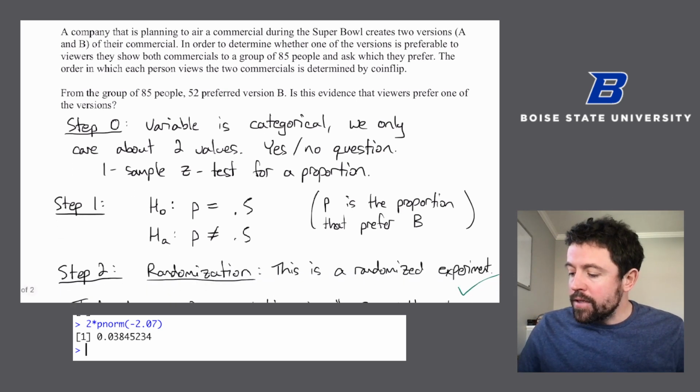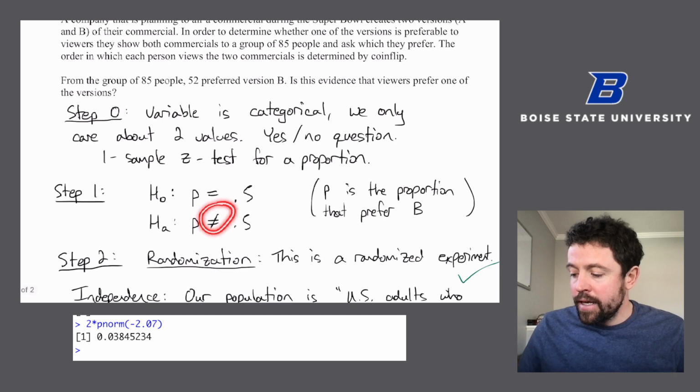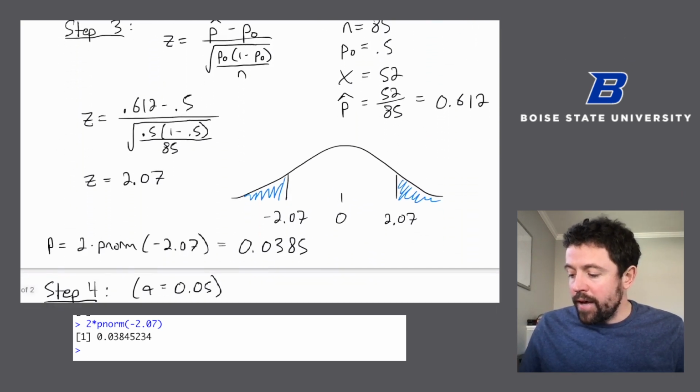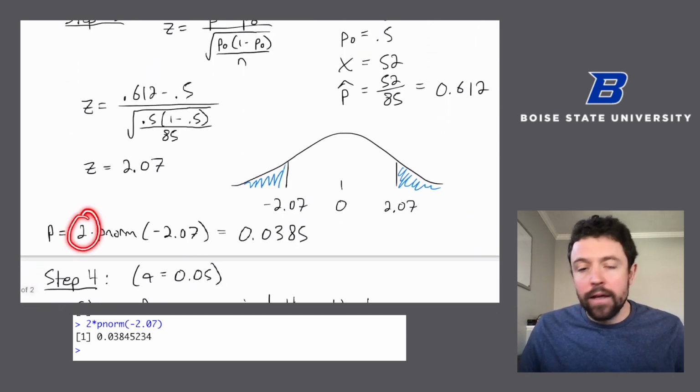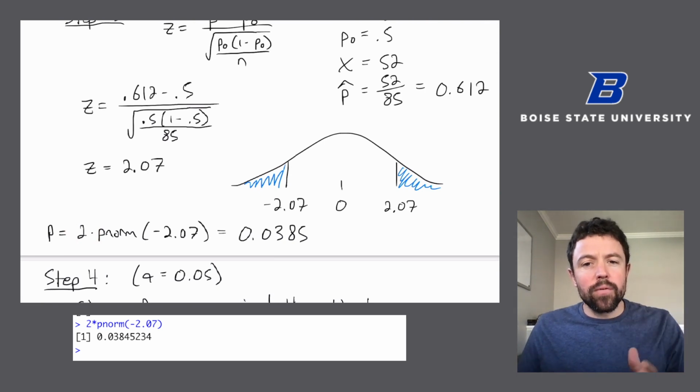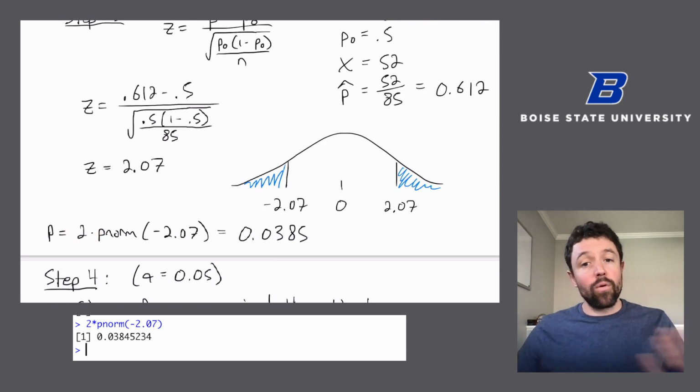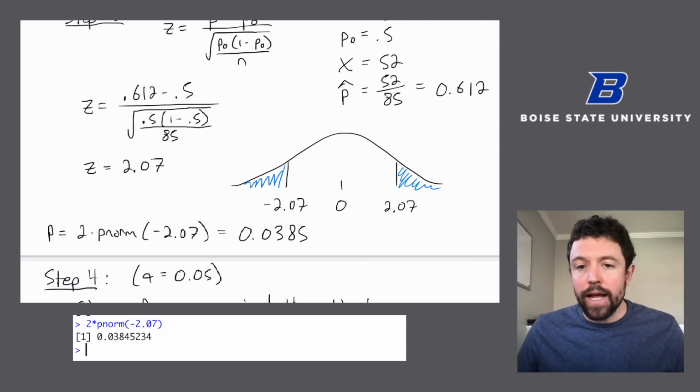And so the whole point of the two-sided alternative hypothesis is to force us to double our p-value in the end, which is saying, look, because we were willing to conclude either that A was better or that B was better, it's more likely, if in fact they are equivalent commercials, that due to chance, we would end up with a sample that seemed to have one prefer the other.